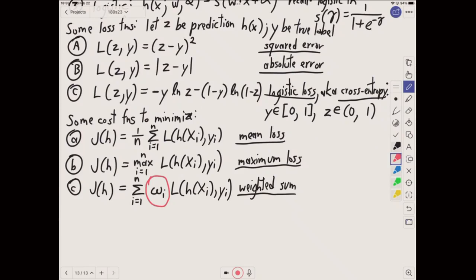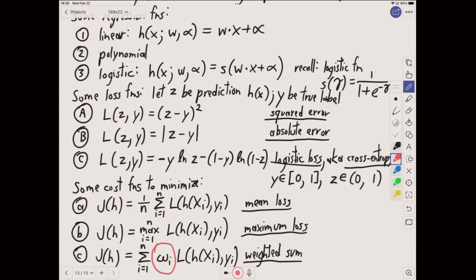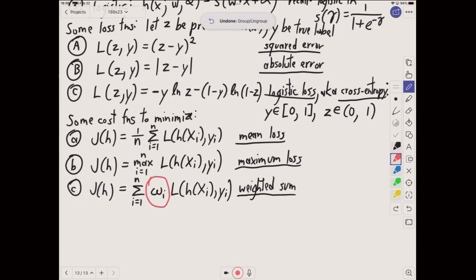And so if you think some of your points have very accurate labels or are very important for other reasons, and others are not, you can use weights to play favorites. But remember, there's also an underlying set of weights. So these parameters of our algorithm, those weights are W, and the weights at the bottom are omega i.